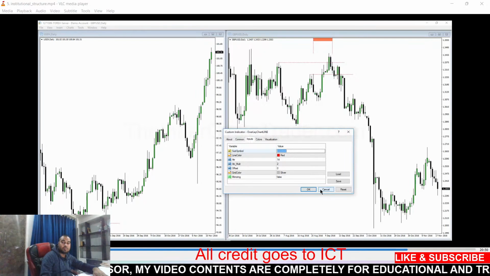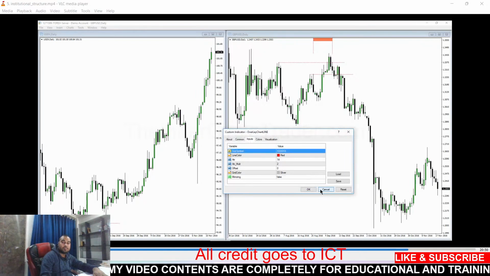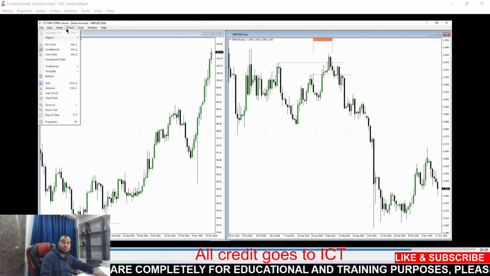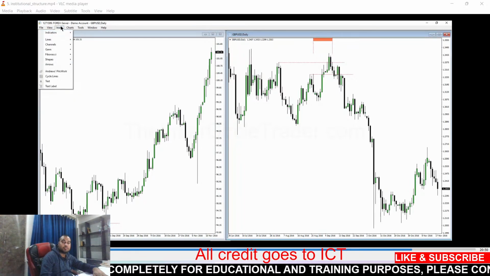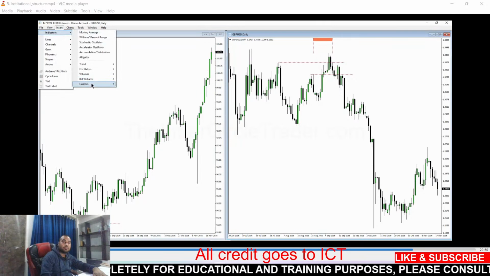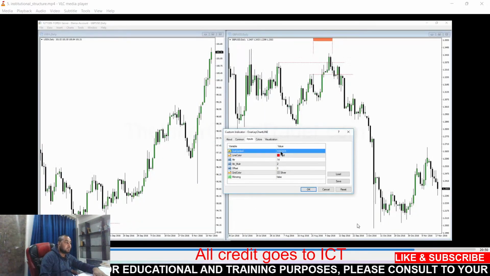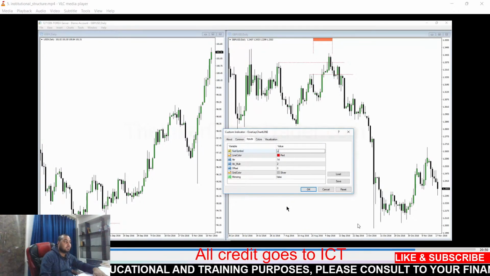Let's go back and highlight a specific chart first. So we're highlighting the British pound USD chart by clicking anywhere on the chart. Go up to Insert, Indicators, Custom, Overlay Chart Line rather. Double click, and we're going to be overlaying the US dollar index, so capital letters.